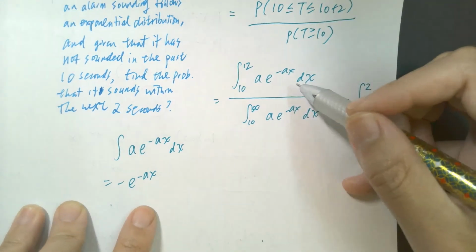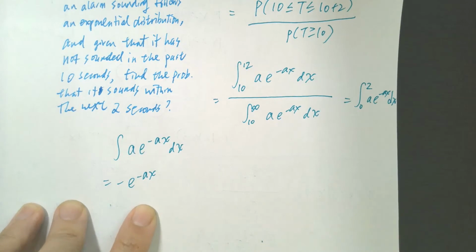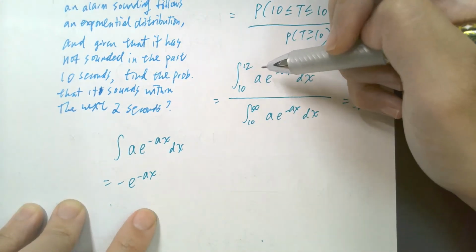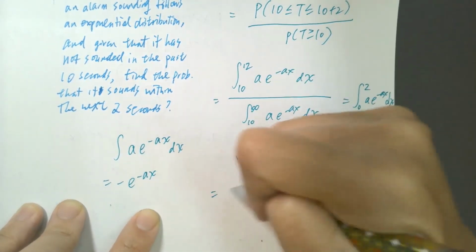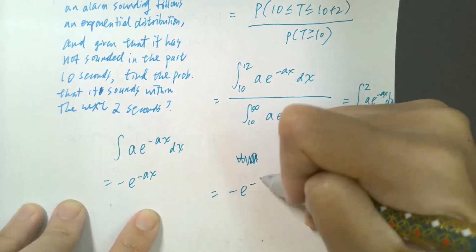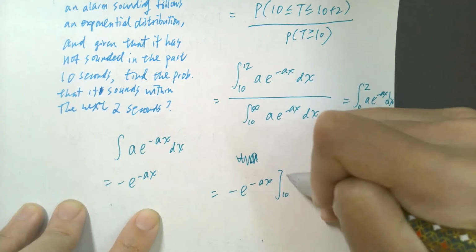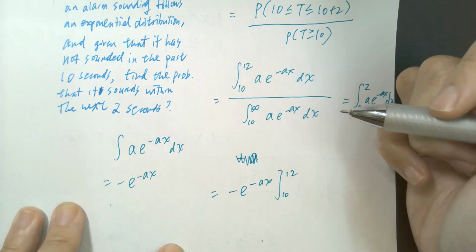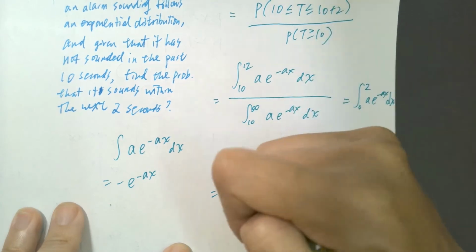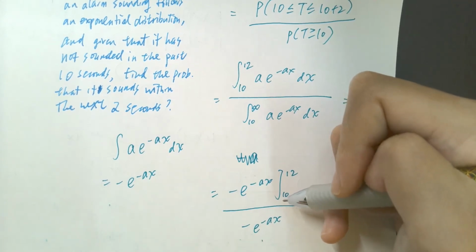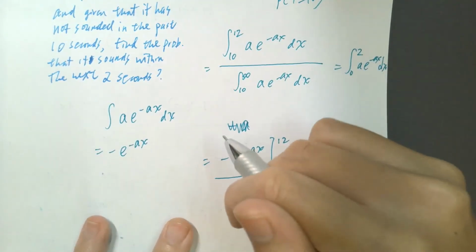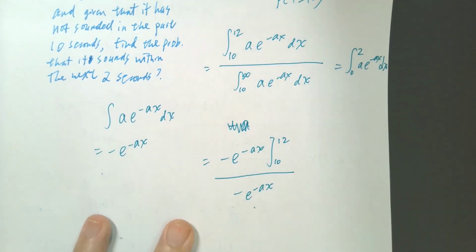So in this example, let's say within 2 seconds after it has not sounded by the first 10 seconds, you're going to have between 12 and 10. So this is essentially negative e^(-ax) from 10 to 12, and this is the general integral, e^(-ax).